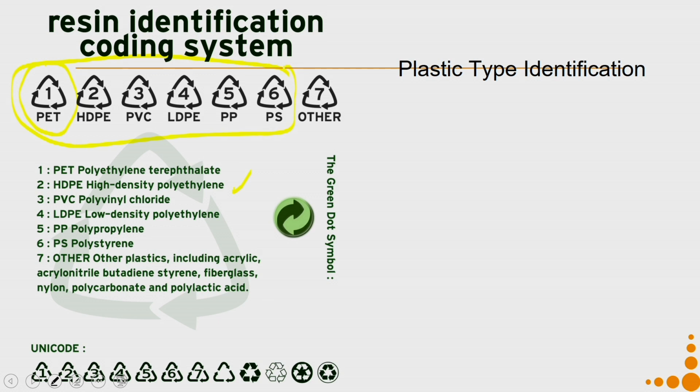Of course, many municipalities do not have recycling facilities for all these different products, and 7 is a category meant for other plastics including acrylic, acrylonitrile butadiene, fiberglass, nylon, polycarbonate and polylactic acid. Mostly they have to go for incineration. There are not many recycling possibilities available for these particular plastics.